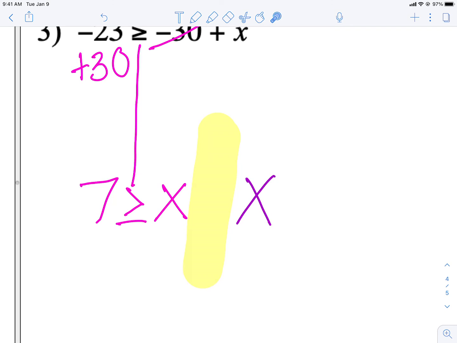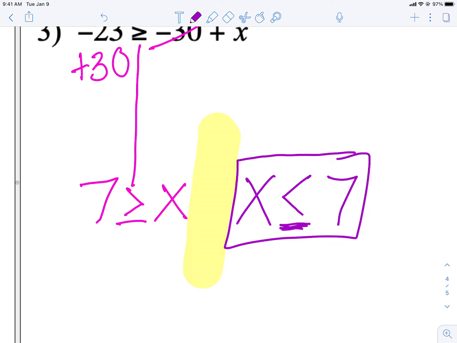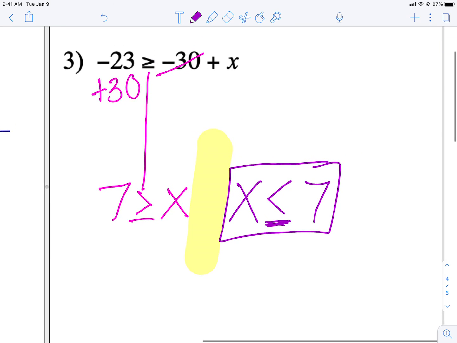Remember, when I reflect, this arrow is going to flip. So I'm going to flip it and write it like that. And my 7 stays the same. Now this is my solution right there. Now I need to graph it.